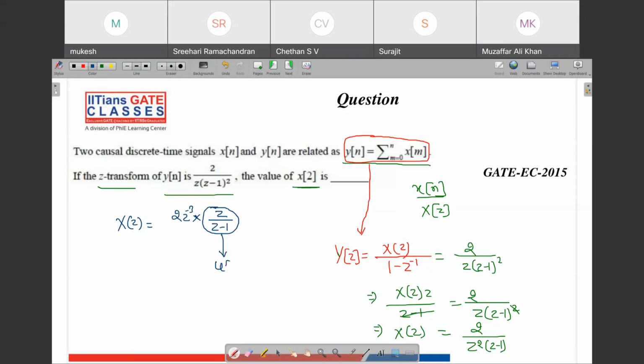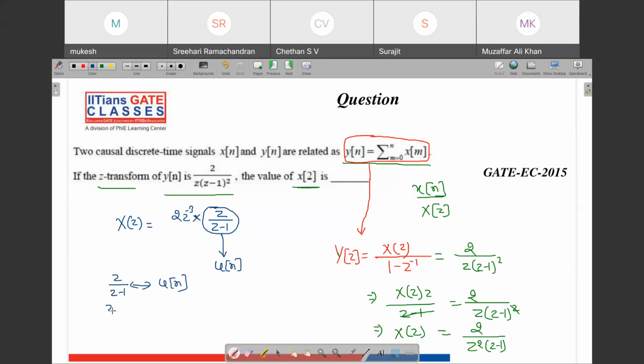It is u of n. Now if in the Z domain you multiply any signal with z to the power minus some number, in the time domain you are going to shift it. So in this case, when you multiply it with z to the power minus 3, you're going to shift it.